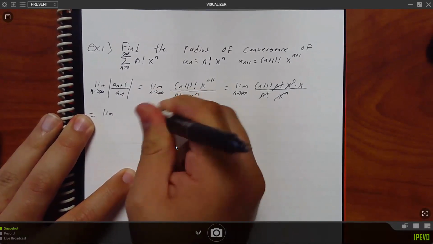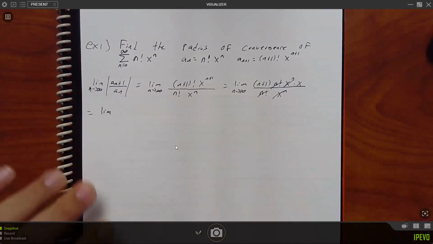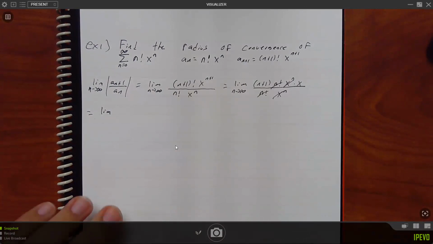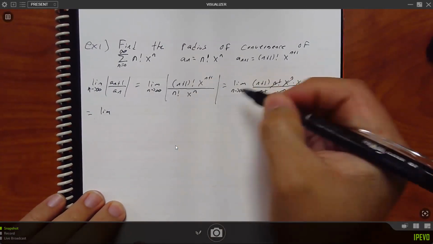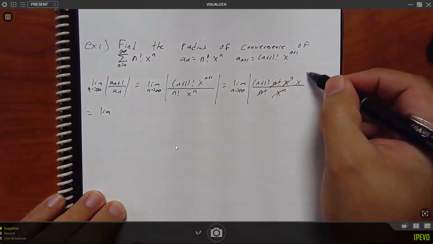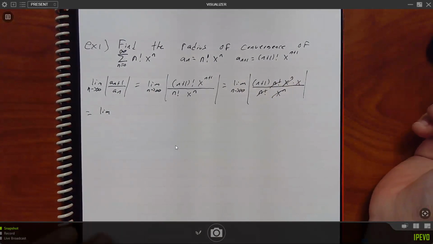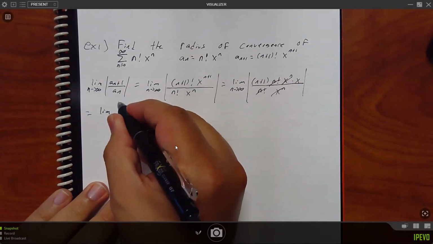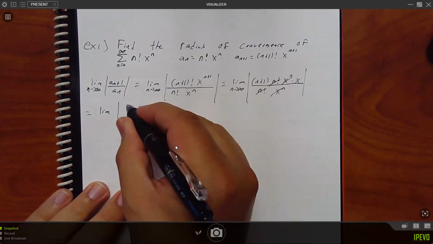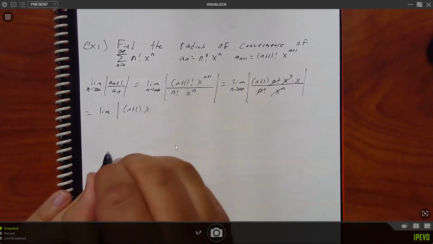I'm going to put my absolute values on there because I just realized that I don't know what x is. X could be negative, I guess. I don't think they stated. So I'll be left with (n plus 1) times x.